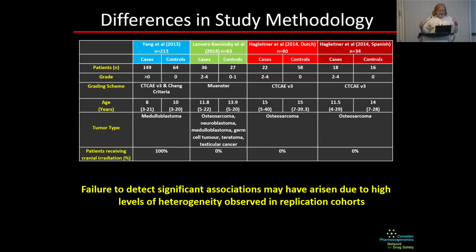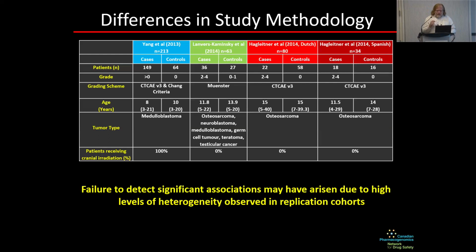How about concomitant radiation, right? So, which to the head means you're hitting the ear, right? So the failure to detect significant associations may be the fact that this heterogeneity between populations in these rare tumor types is too significant.